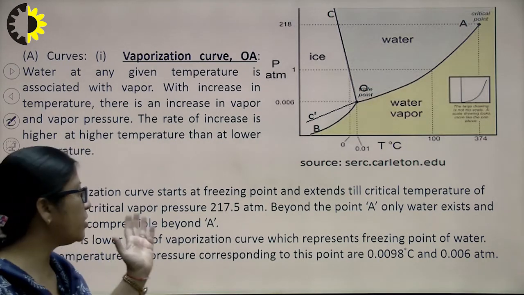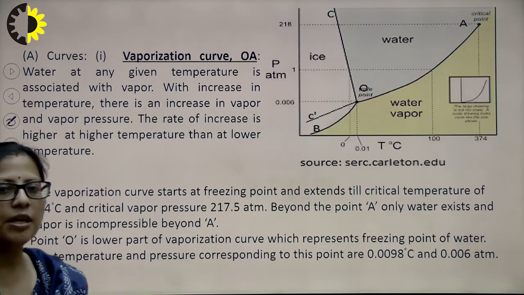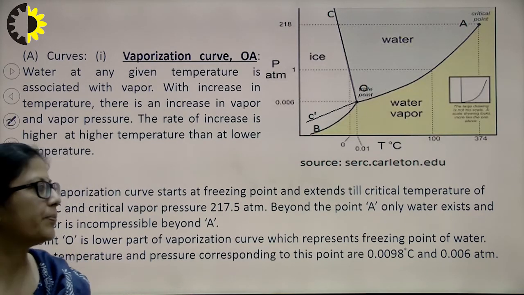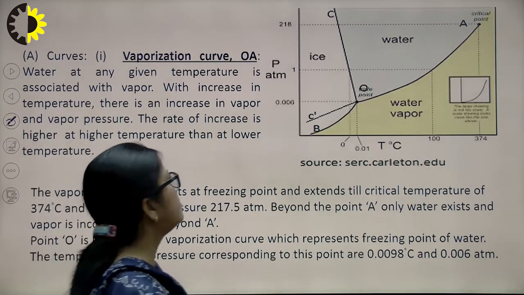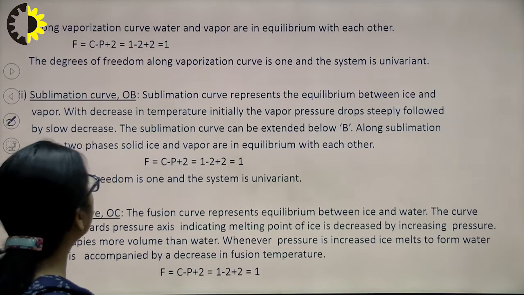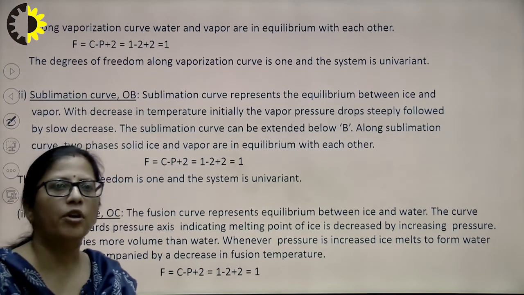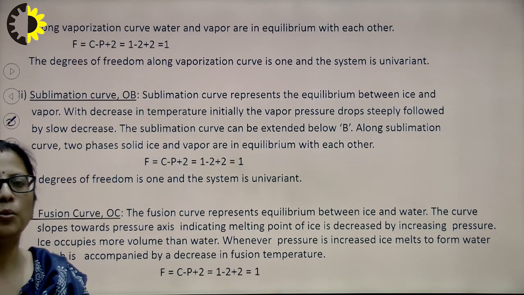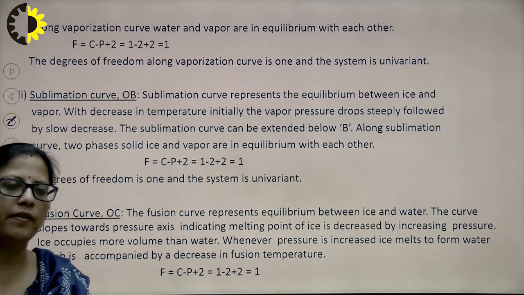So, the vaporization curve starts at the freezing point and extends up to the critical temperature. Here I have done the calculation for the vaporization curve, showing how my degree of freedom comes out to be 1 and the system is univariant.